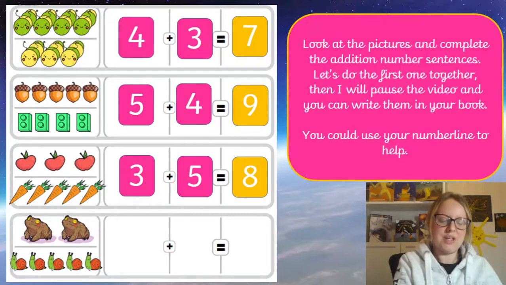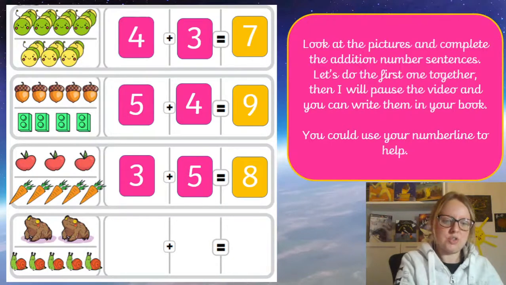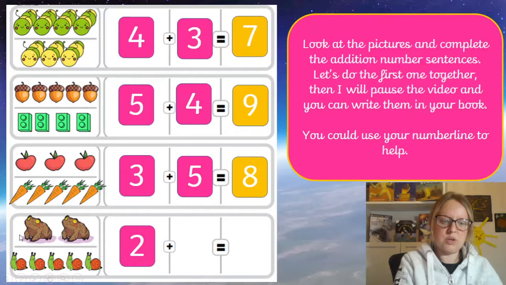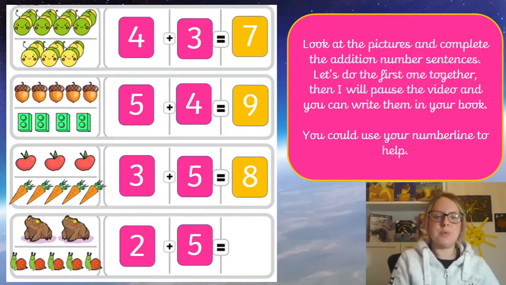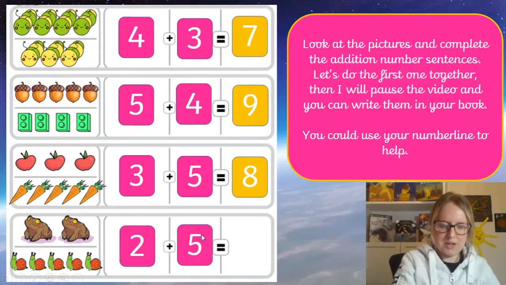Okay, hopefully you got two toads, and how many snails? 1, 2, 3, 4, 5. 2 plus 5 equals. Now this time I'm going to show you not with a number line but in my head. So I know my biggest number is 5 in this number sentence.